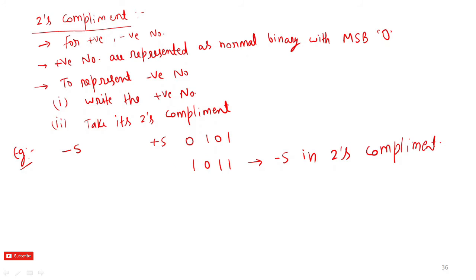Now note point: for negative number, the range is equal to minus 2 to the power n minus 1.